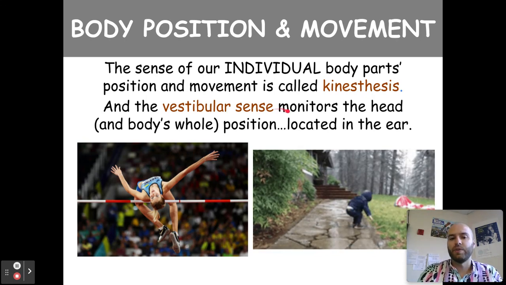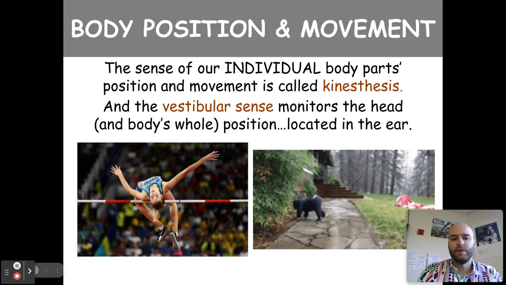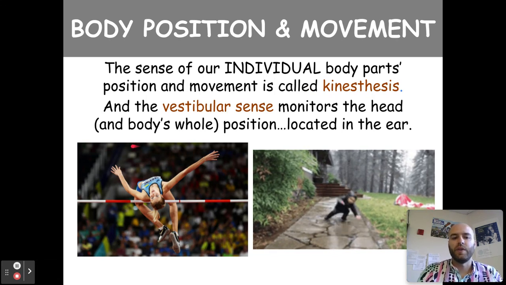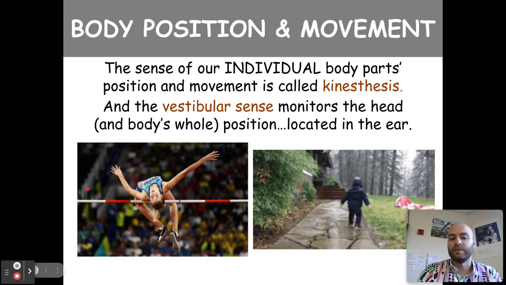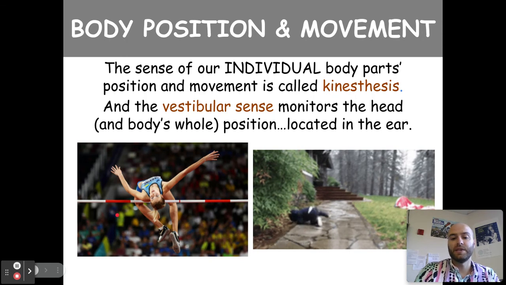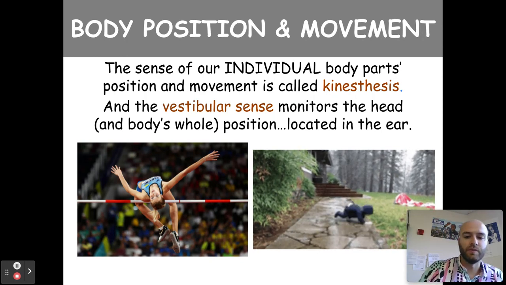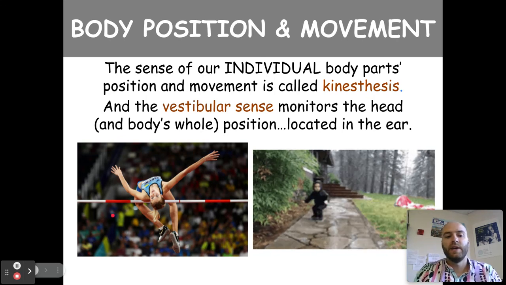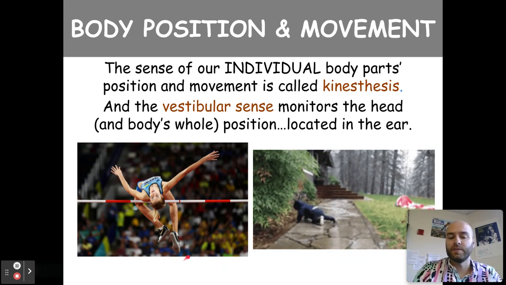A great example of this, people who have great kinesthesis, high jumpers. They are always aware of their body position, and the way that they manipulate it over the bar is super impressive. Okay? Other people with great kinesthesis, dancers, generally professional athletes, people who have to move their body in complex ways and do it precisely. They have great kinesthesis or body awareness.